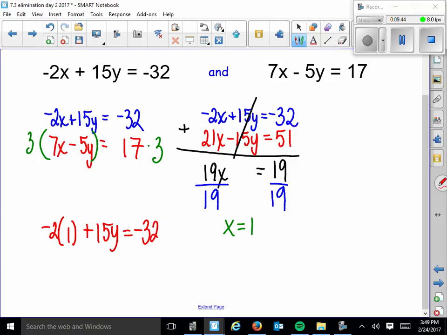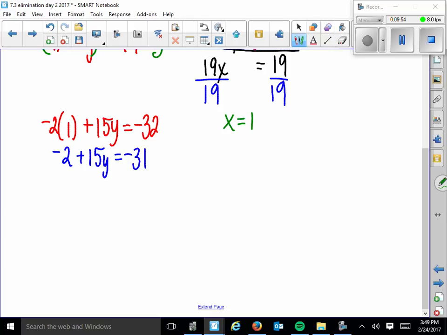To solve for y, I have negative 2 plus 15y equals negative 32. Adding 2 to each side gives me 15y equals negative, oops, I made a mistake here.